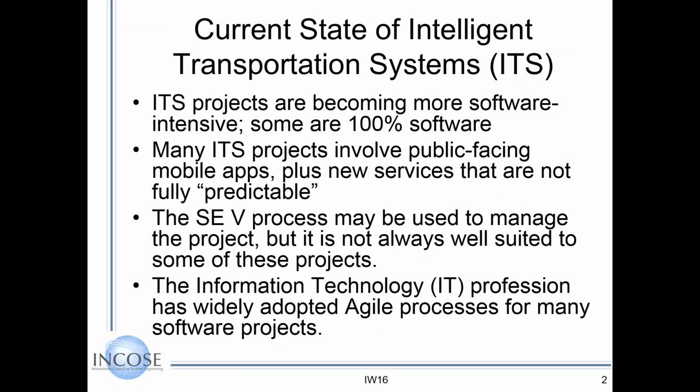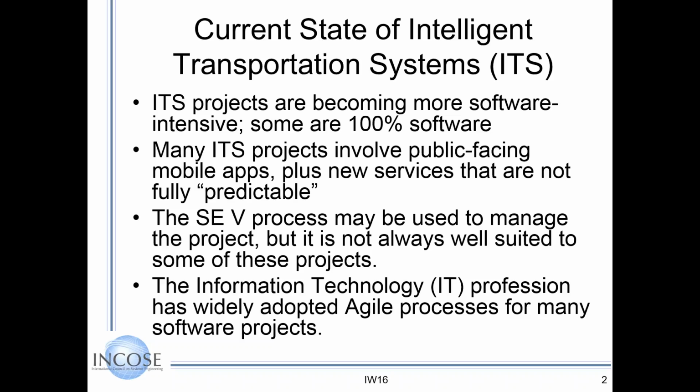So, I've described the current state: systems are more software intensive, and many of these projects involve public involvement plus new services that are not fully predictable. Agile practices address complexity and change for systems that are not fully predictable, and where you anticipate learning more knowledge of the system you're developing.